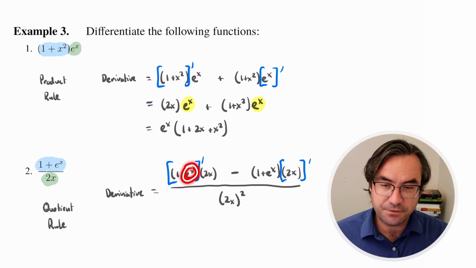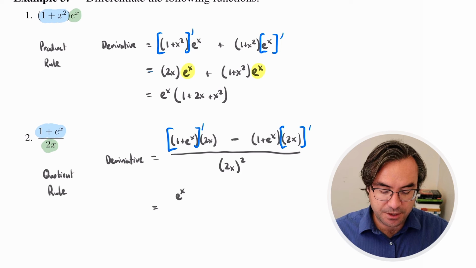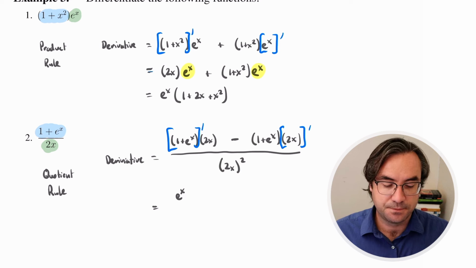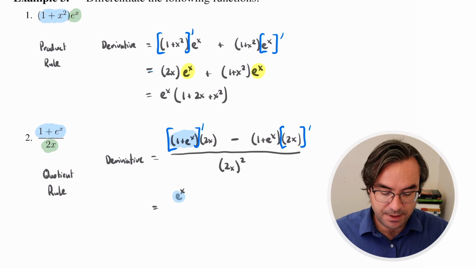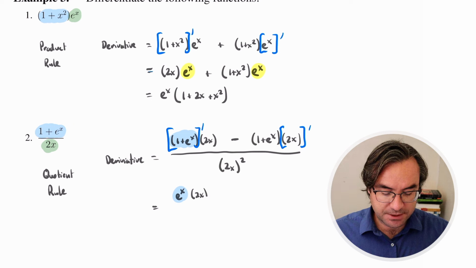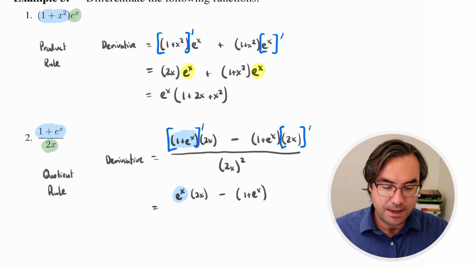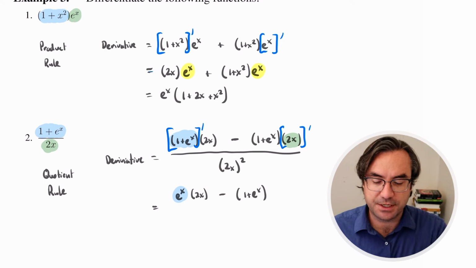And then the derivative of e to the x, well, e to the x when we differentiate just stays the same. So the derivative of that first term is just going to be e to the x. So this whole top derivative ends up just differentiating to e to the x. And then we have our 2x minus (1 plus e to the x). And then differentiating 2x, that's the usual stuff. We just get 2.